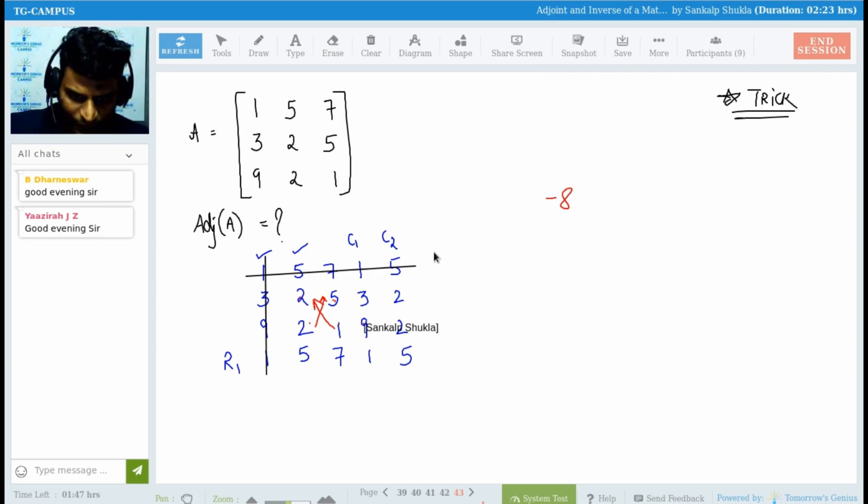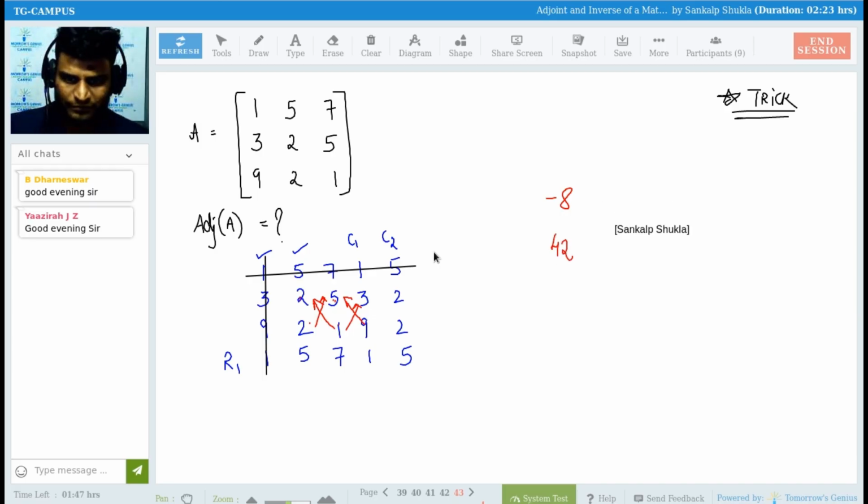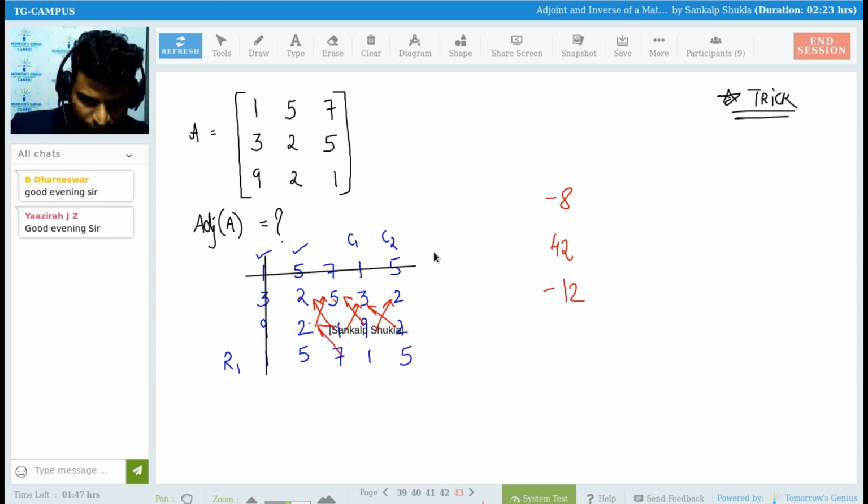Now 9 into 5 minus 1 into 3: 9 into 5 is 45, minus 3 is 42. Instead of writing this 42 over here, I'll write it over here. And 3 into 2 minus 9 into 2: 3 into 2 is 6, 9 into 2 is 18, 6 minus 18 is minus 12. I'll write it over here.